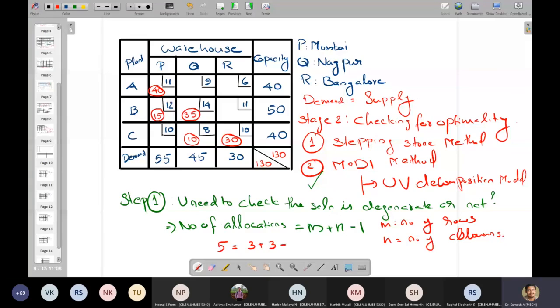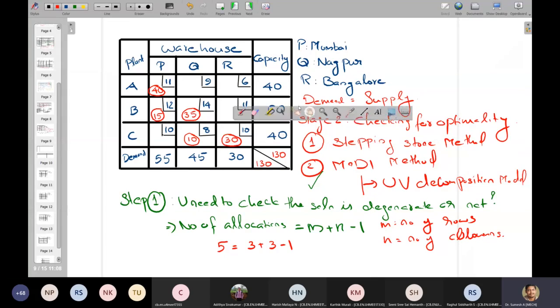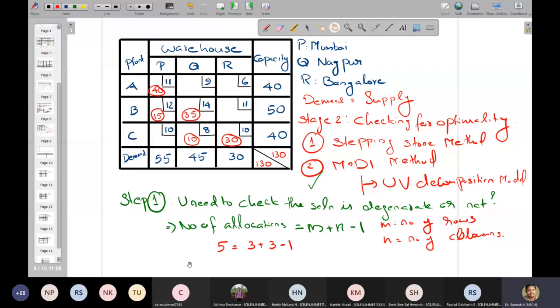Since the number of allocations satisfies this condition, we can say that the initial solution is non-degenerate.